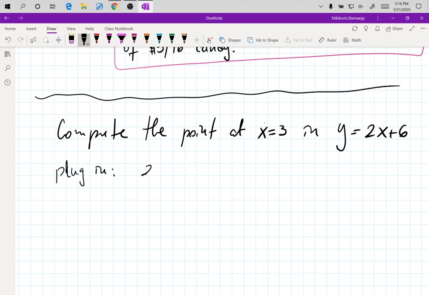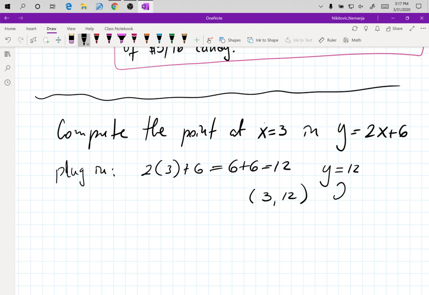So you have 2 times 3 plus 6 equals 6 plus 6 equals 12. So we got that y is 12, and we have a point (3, 12). And that will be in Q1 if you want to graph that one. You can quickly graph it. So (3, 12) would be here, something like that. So 3 on x and 12 on y, so it's much taller than it is wide.